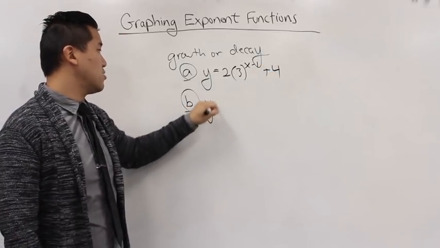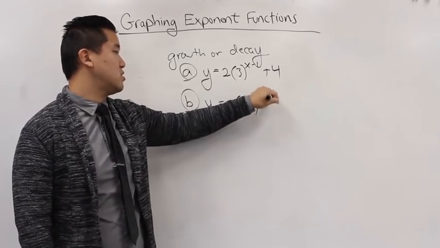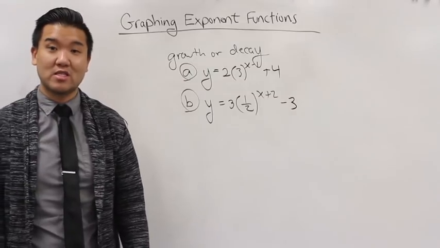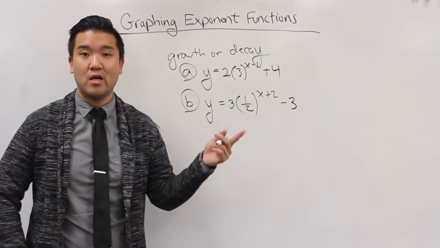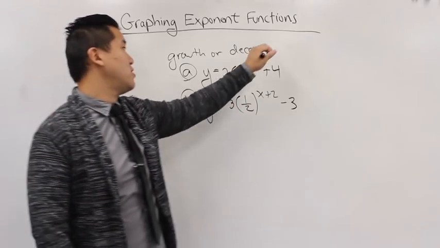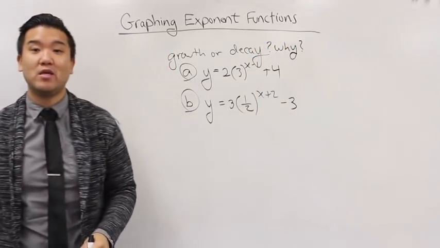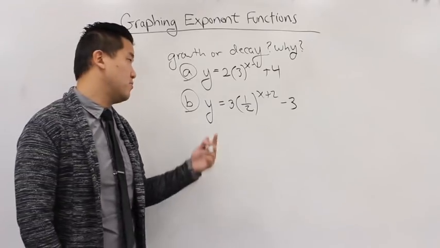B is y equals 3(1/2)^(x+2) minus 3. I'm going to give you about 30 seconds to a minute. Try your best. Don't just tell me if it's growth or decay, but also write the y-intercept. So let's write that: growth, decay, and y. The y is important always. Explain to me in words, why is it growth, why is it decay? Go.